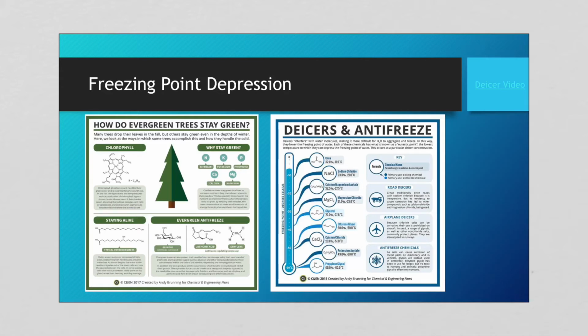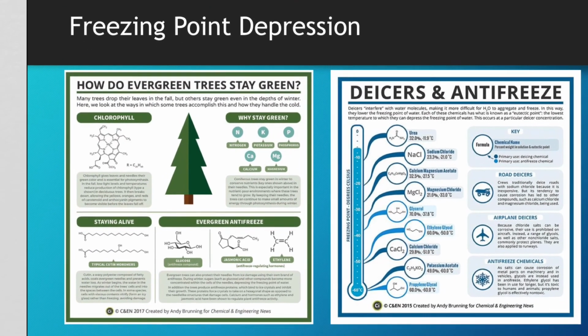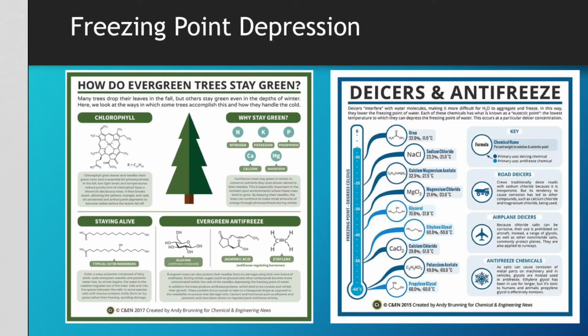So when we talk about how antifreeze prevents freezing in our cars, right, well, different plants and animals also can take advantage of these. So for example, evergreen trees, right, they hold on to their needles in the winter because they have the ability to flood the cells in those needles with things like glucose. And by upping the concentration of glucose, you can make it harder for that intercellular tissue, right, to freeze.